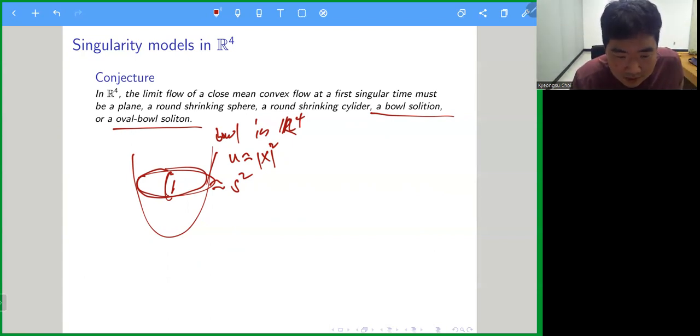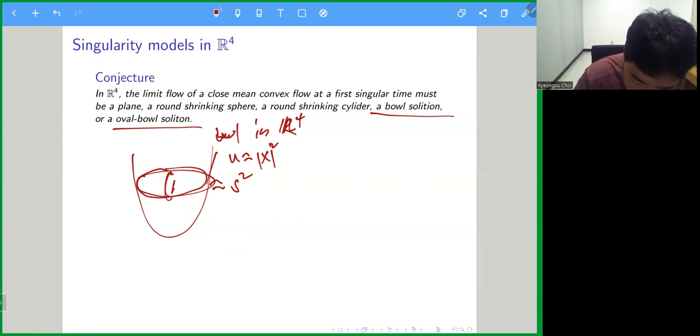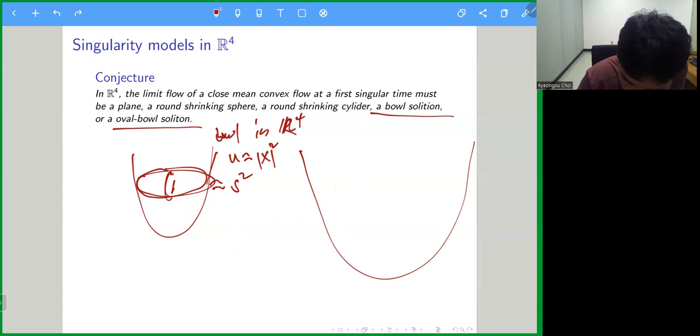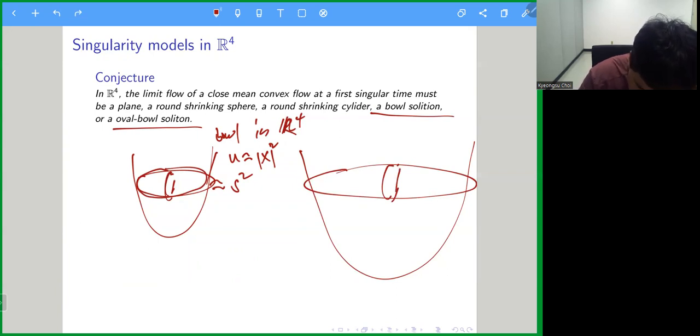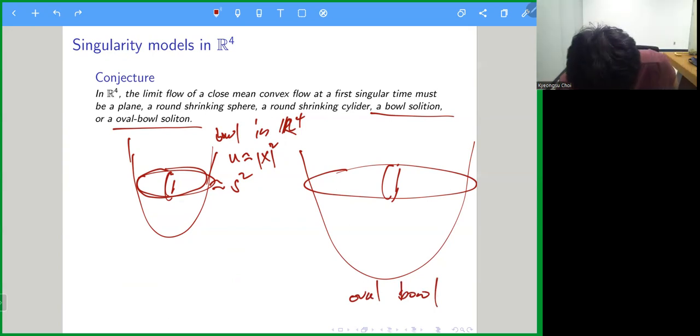But actually, there is another type of translator, the oval bowl. This is also a translator, but something interesting is that the level set looks like an ancient oval.